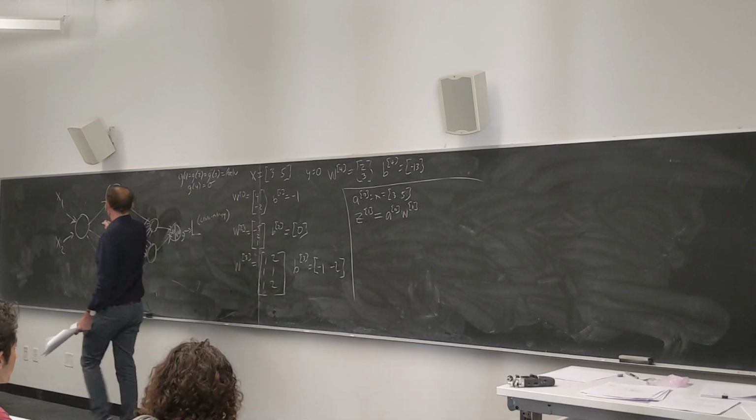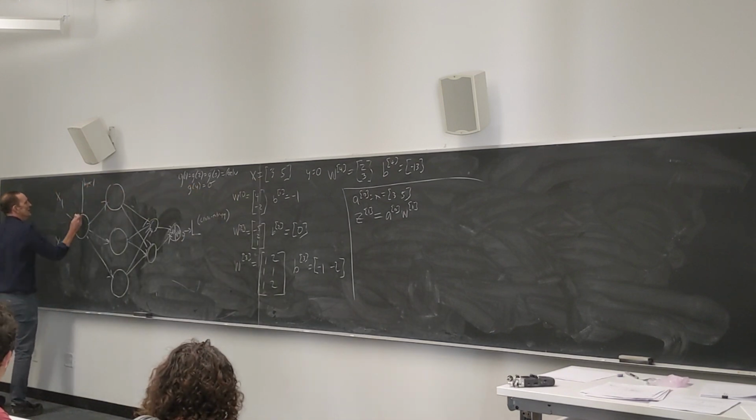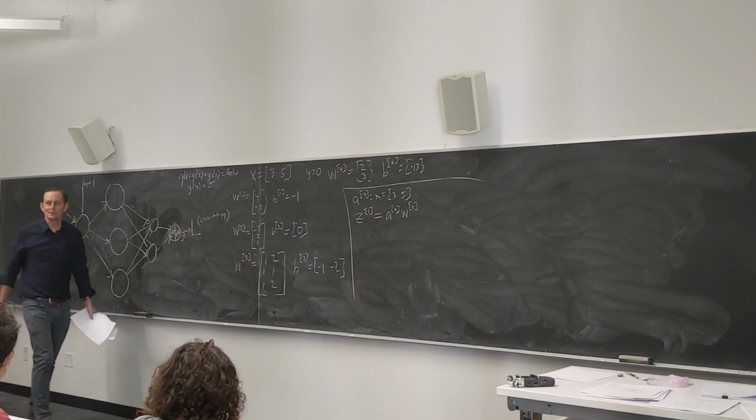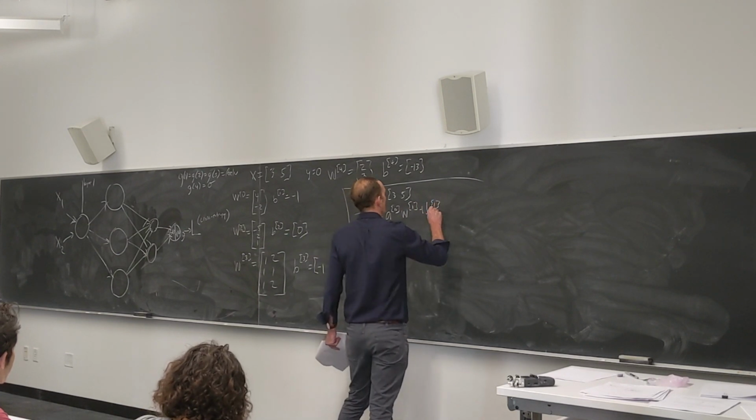We look at the layer. This is layer 1. We need the outputs from the previous layer plus these weights. Don't we also need a B? Yes. It's plus B at 1.